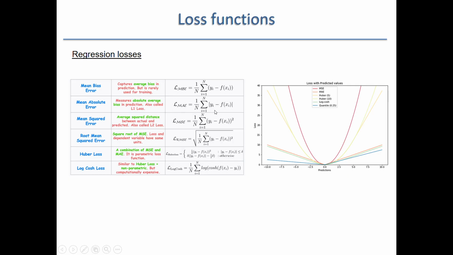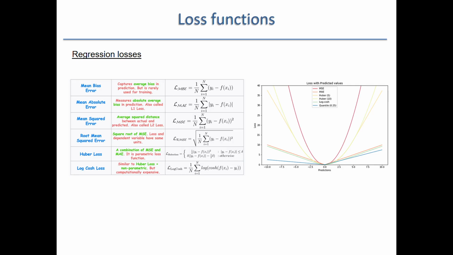Then you have the absolute average bias, in which the difference is in absolute value, also called the L1 norm. Or squared distance, that is the L2 norm, or the root mean square error, with a square root.